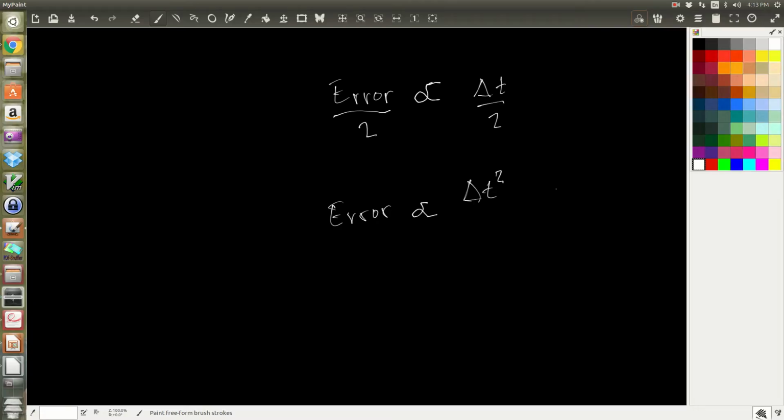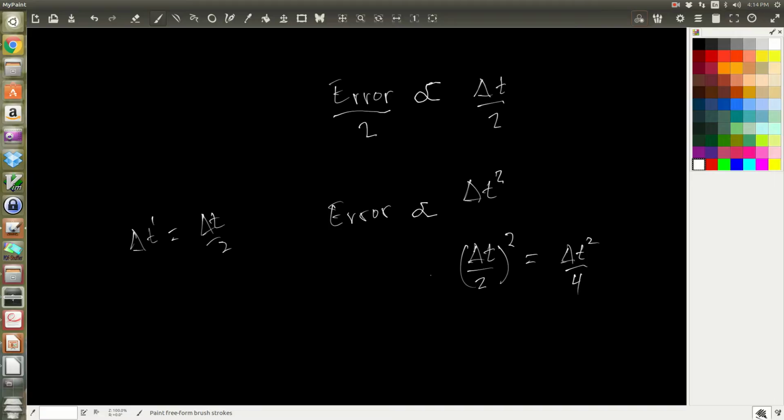Well, if I get a new delta t prime equal to delta t over 2, and I plug this in over here, the error is going to go as delta t over 2 squared, which is going to equal delta t squared over 4.